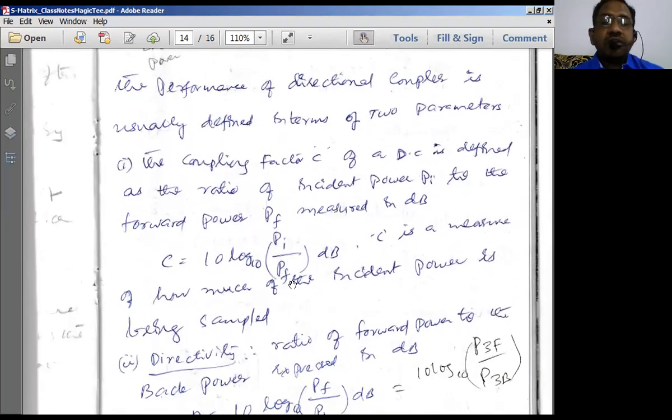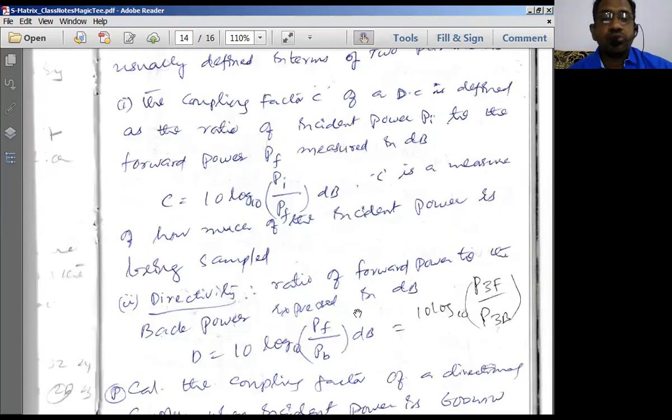So the incident power to the forward power port in dB is defined as the coupling factor, where C is a measure of how much of the incident power is being sampled. The coupling factor should be as low as possible, because the less power coupled to port 4, the more power transmission there is from port 2.